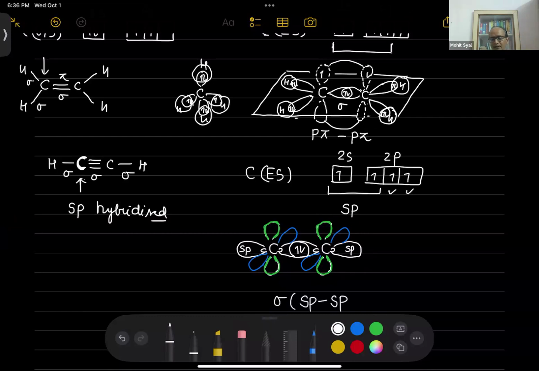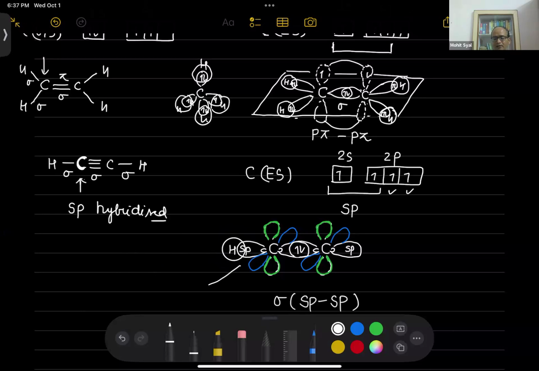There is a hydrogen. That hydrogen atom is going to come and overlap axially with this. Is it clear?